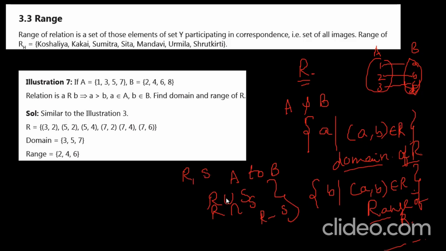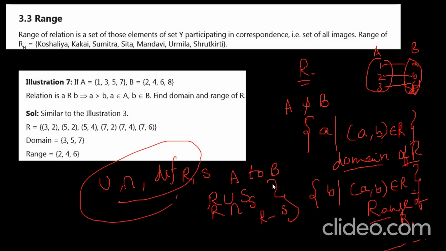If you take two relations, their union, intersection, and difference are also relations. This is very important, under domain and range as well as relation. Okay, got it? Next, very good.